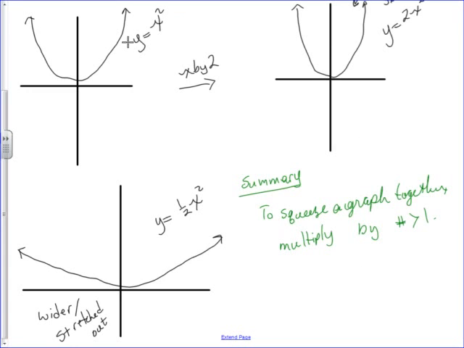In this case, we multiplied by 2 when we got it skinnier. So to squeeze a graph together, you need to multiply by a number larger than 1. Okay?